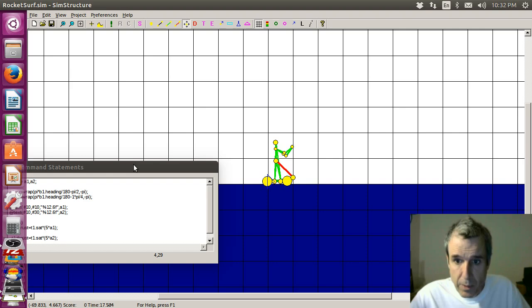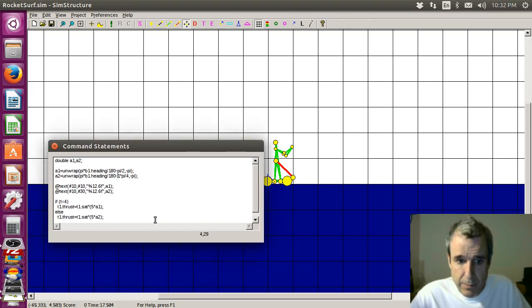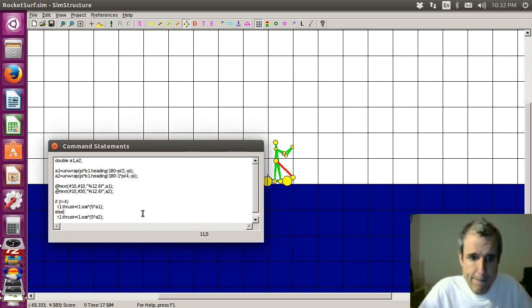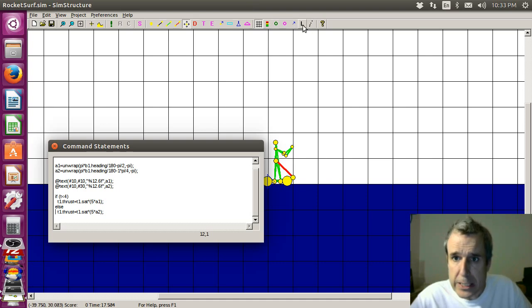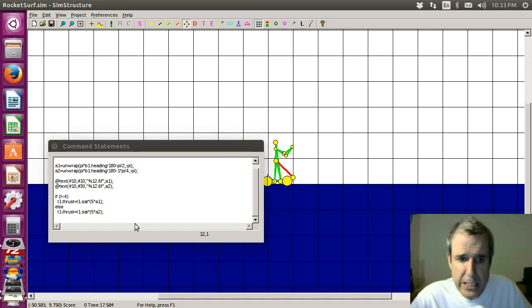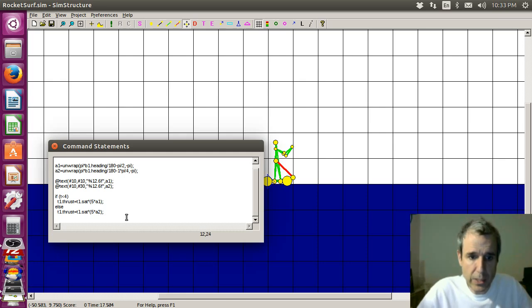Do you want to make him fly at a certain elevation? This is y equals 5. How about, let's put it at y equals 10. What is the particle for his head? P6. P6 equals 20 or 15. How about P6 equals 15 plus 15 minus P6 dot y.